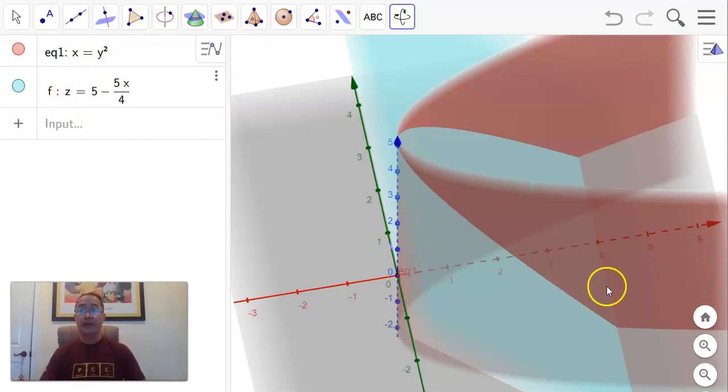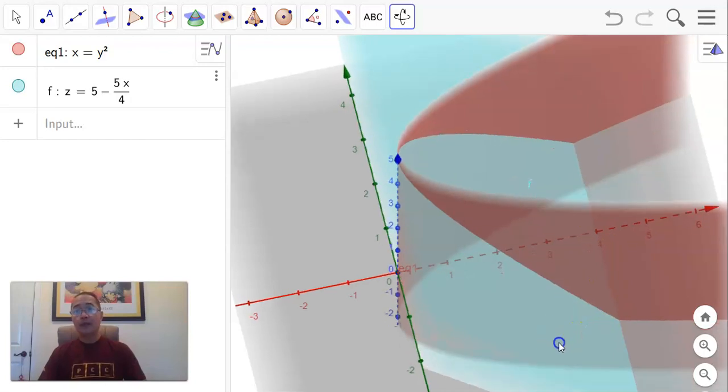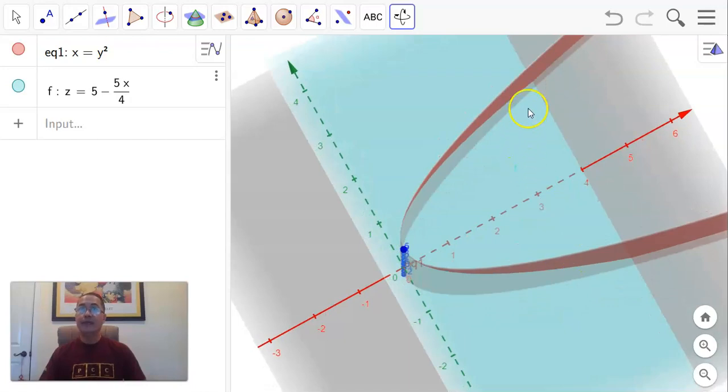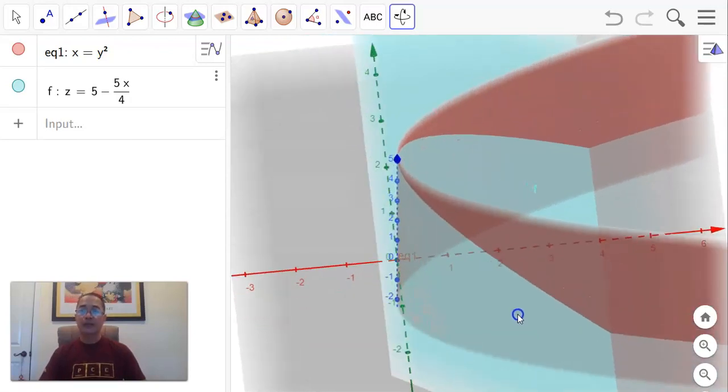Aha, that is indeed x equals 4. So the base of our figure is a parabolic region. We have x equals y squared, and we end at x equals 4, so y is positive 2 and negative 2. So the first thing we're going to do is sketch that region.